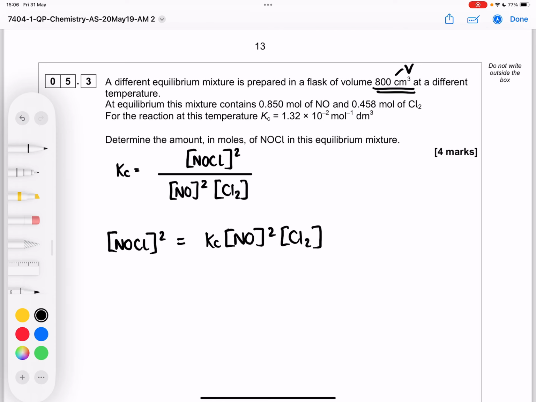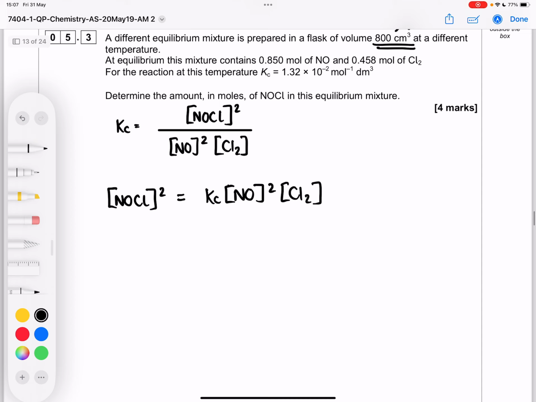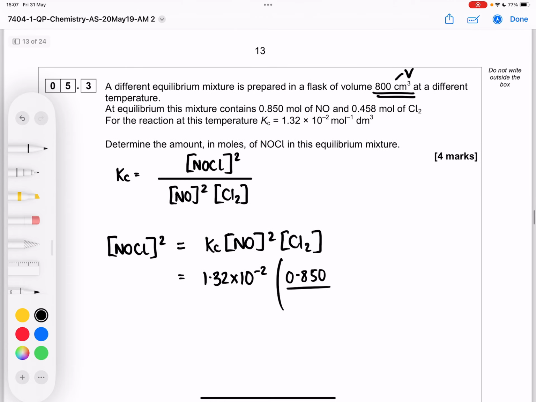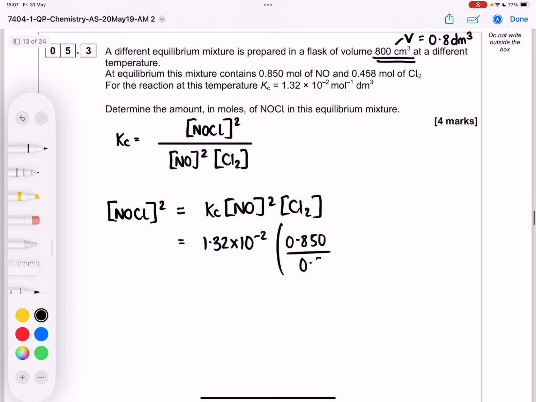Now bear in mind that the square brackets mean concentration and what we've been given is moles. So we can put in our Kc and then we've got the moles of NO, but we would need to divide by the volume. Now 800 centimetres cubed, if we turn that into decimetres cubed by dividing by 1,000, it becomes 0.8.